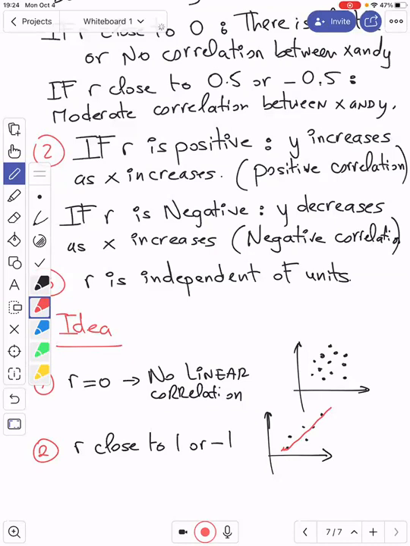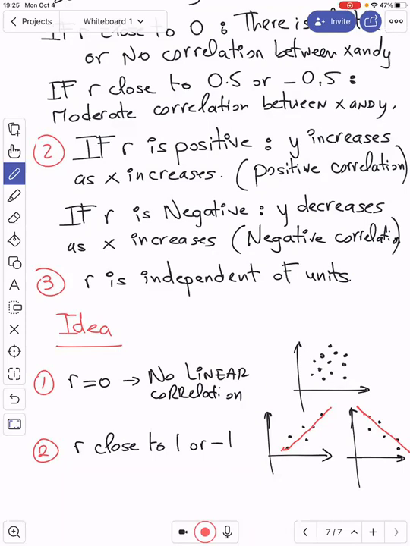If R is close to -1, of course, you're going to have a line which is going down. So your scatter diagram is going to look something like this right here, and you're going to have a negative correlation, of course. So that's the idea.